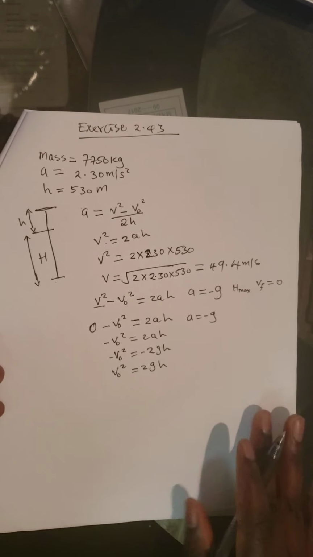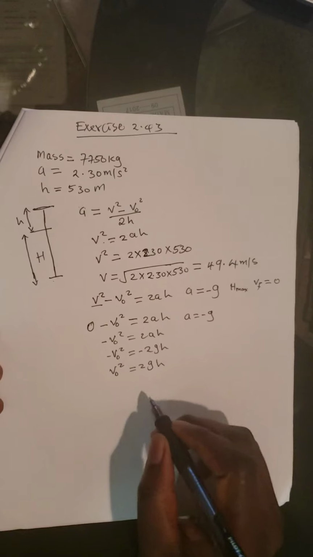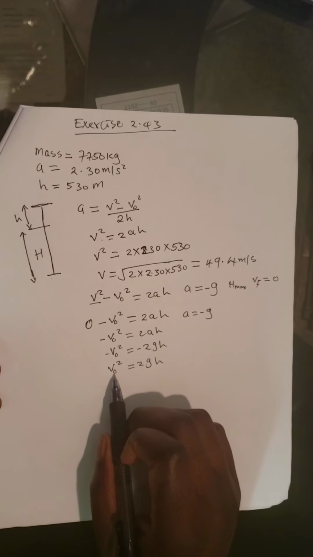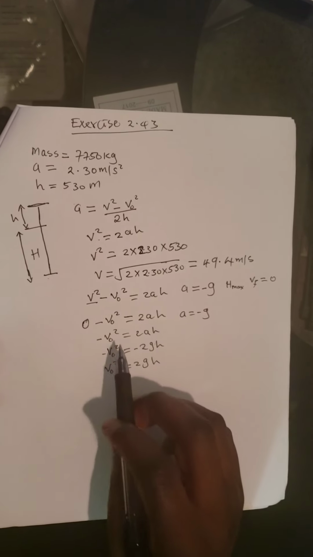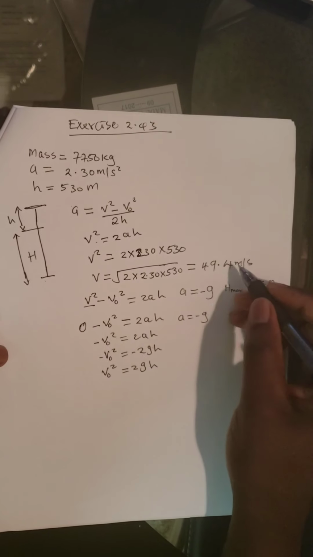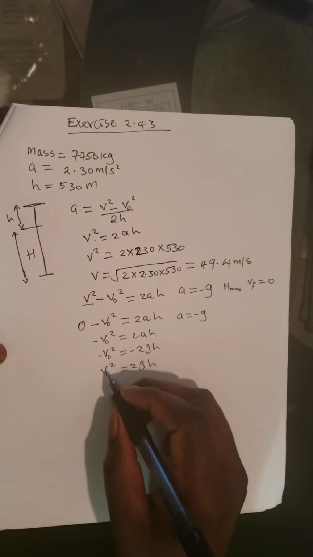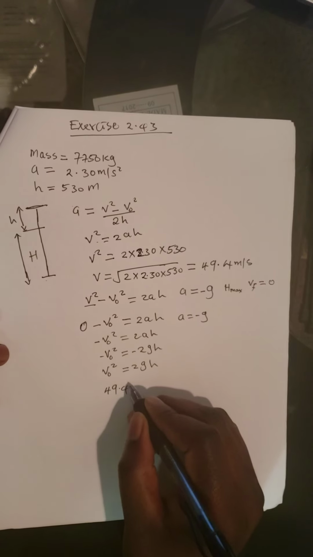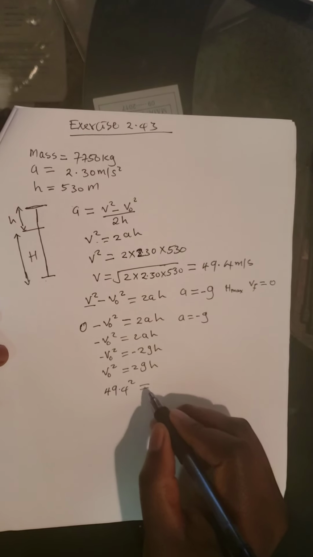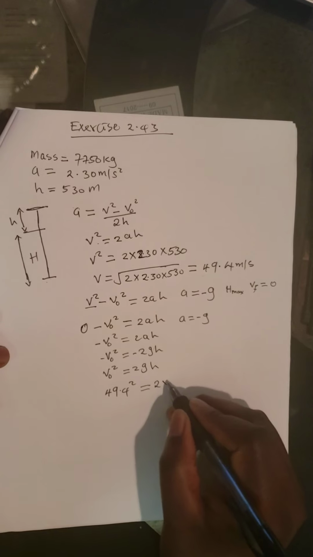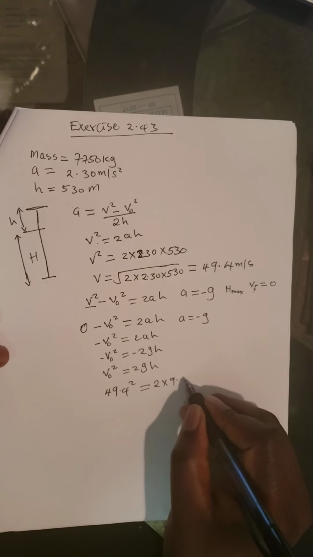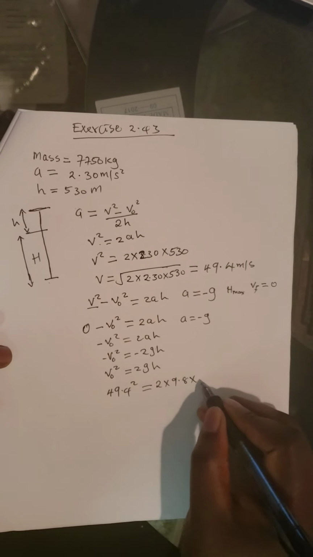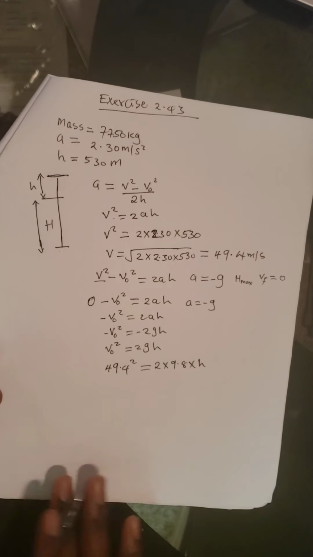So this is now going to be the initial velocity of this rocket, the one that we found on top here. So this is going to be 49.4 squared equals 2 times 9.8 times h, the one that we don't have.